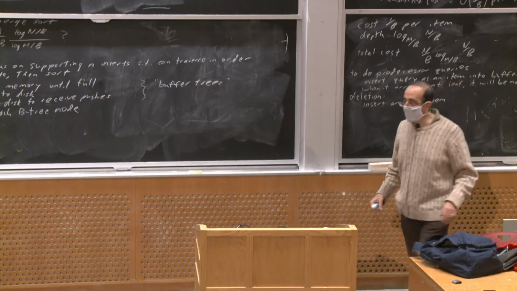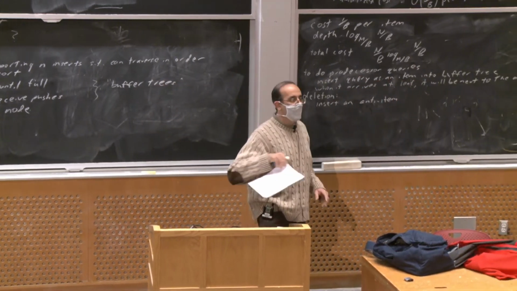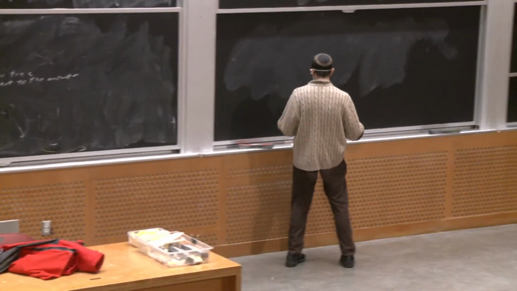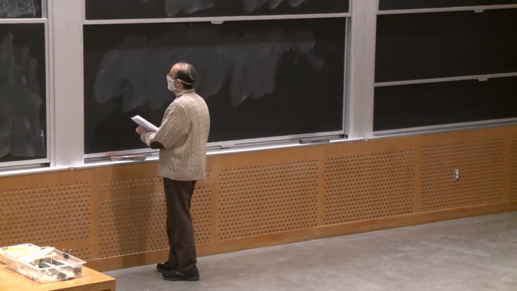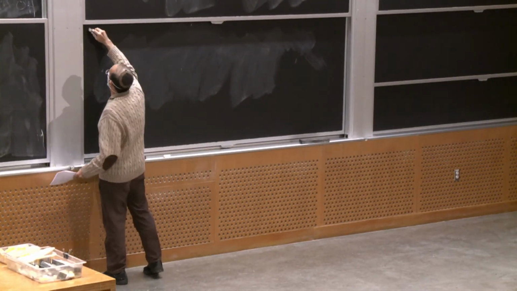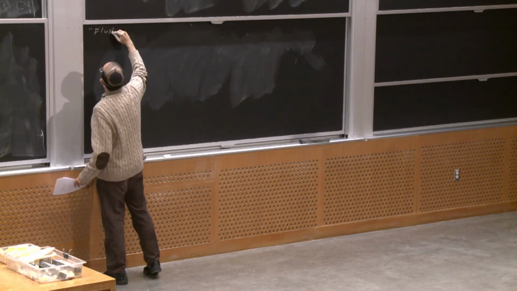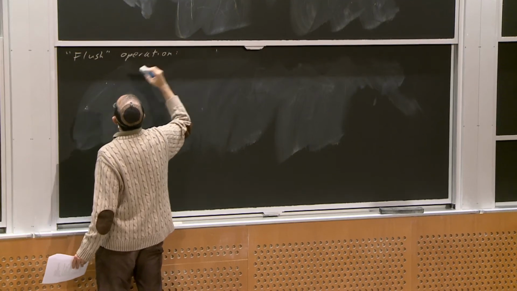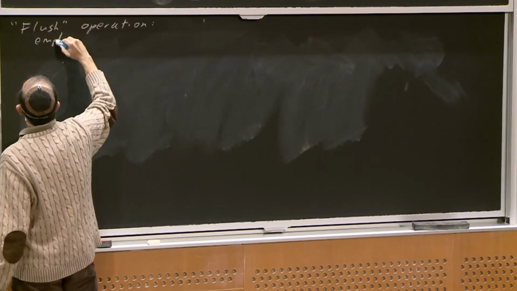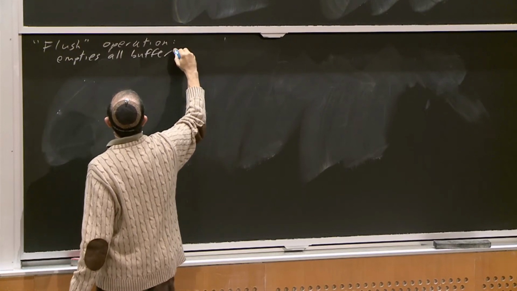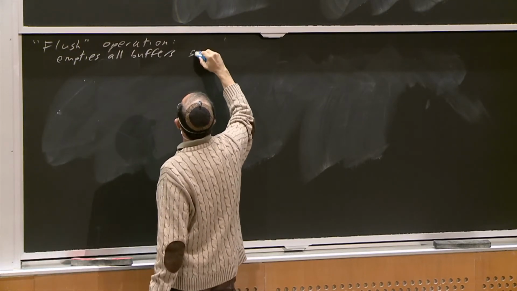Now, sometimes you might get impatient and decide you really need your answer. So the buffer tree also offers a flush operation, which immediately empties all the buffers, so you can get your answers.